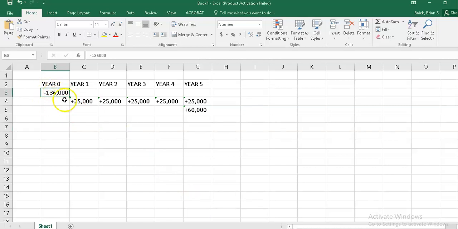You get that money and you invest it. That's why it's negative here. And then you get $25,000 5 times, right? That's why it's plus 25,000, and you see it 5 times. At the end of the 5th year, you get to sell the investment, and then you get $60,000 back. So what are you paying for the investment? It's $136,000. What are you getting back? This is what you get back.